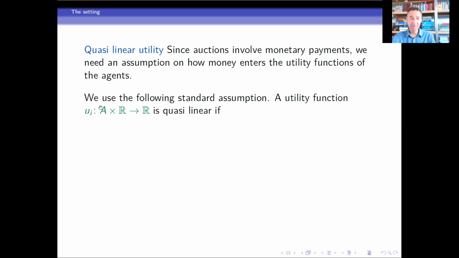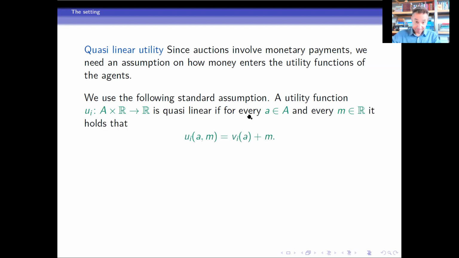If you have an allocation A and a certain amount of money M, a real number that can be any number, then the utility for the combination of A with that M is going to be v_i of A plus the amount of money M. So you simply add the amount of money linearly to your utility. That's what's called quasi-linear.